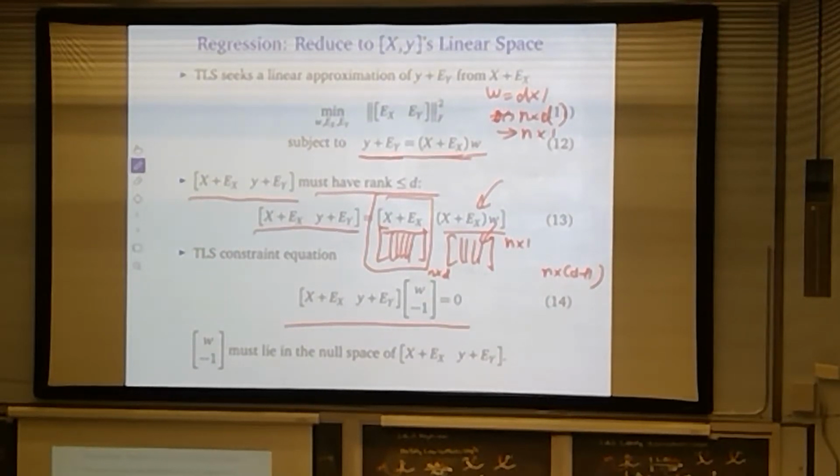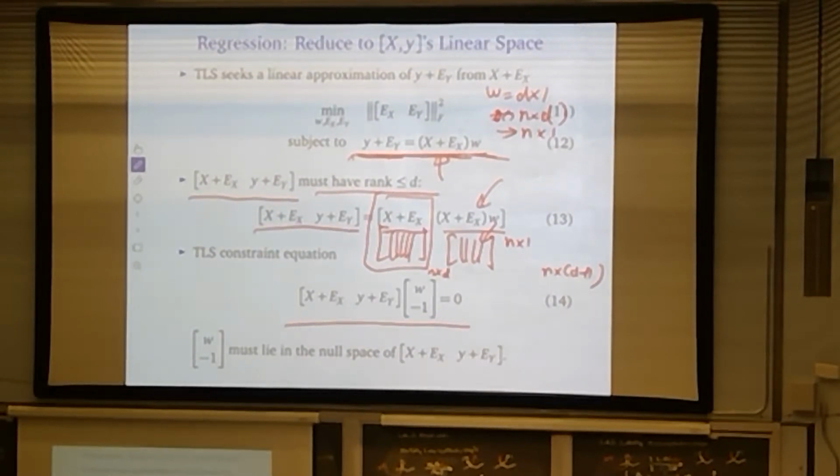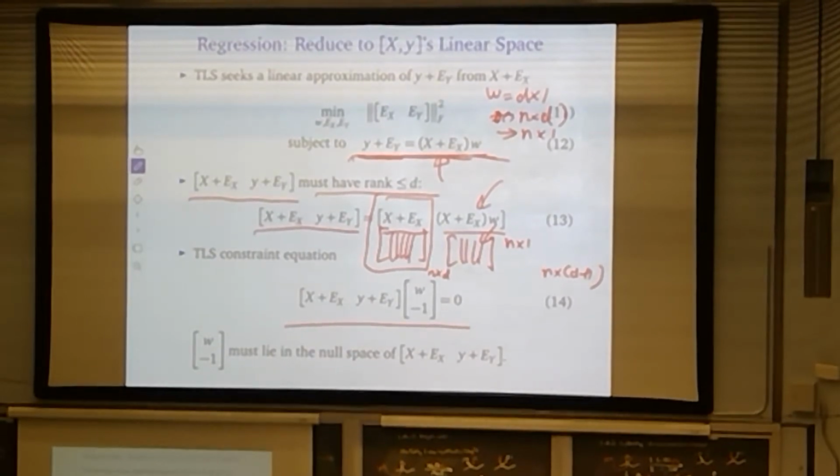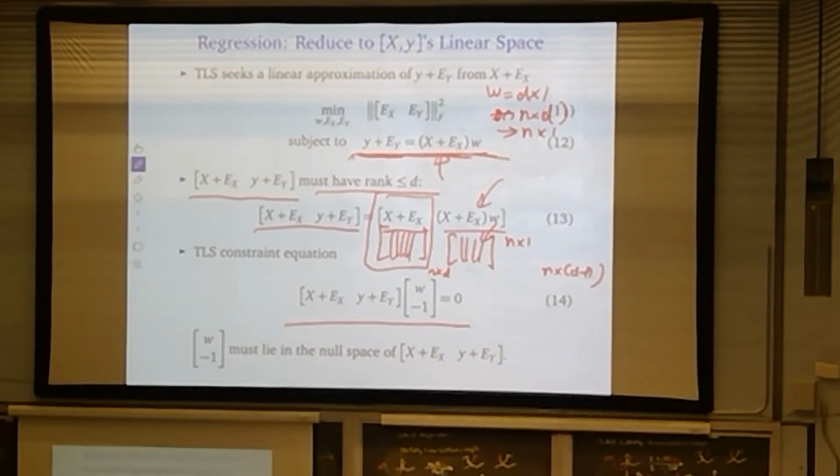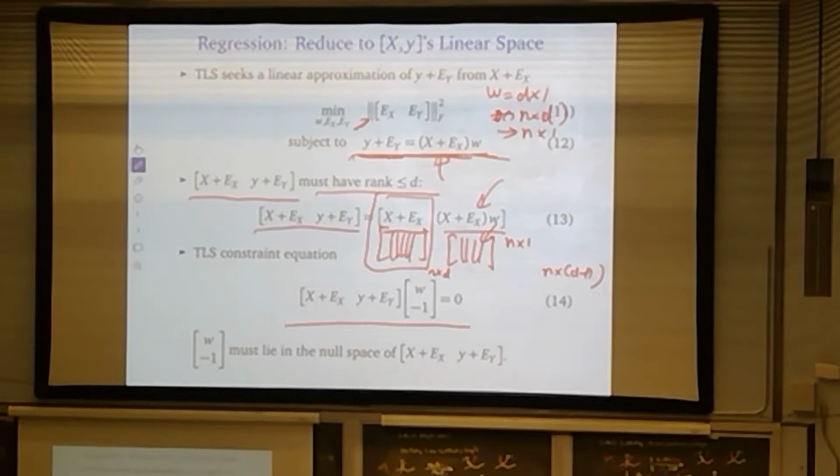So what happened? They cannot be arbitrary. This is the constraints they have to satisfy. Only among those that, when this condition holds, any EX, EY, such that they become perfectly lined up, after adjustment, it becomes a line. Among those, I want to seek the one with the minimum norm, minimum adjustment.